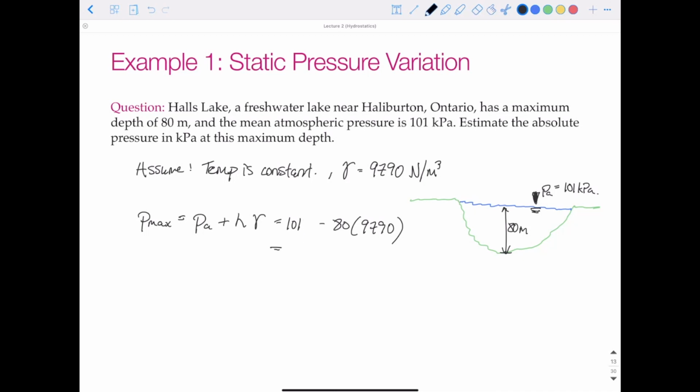And that gives us pascals minus 80 times 9790. So if we do that, 9790 times 80 minus 783.